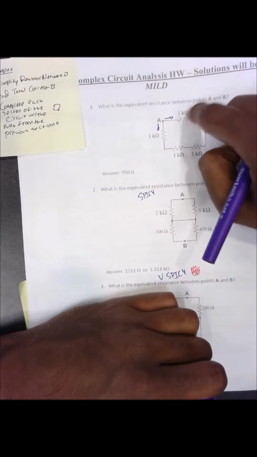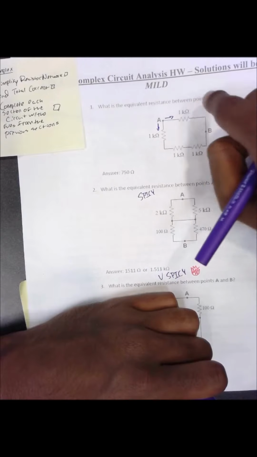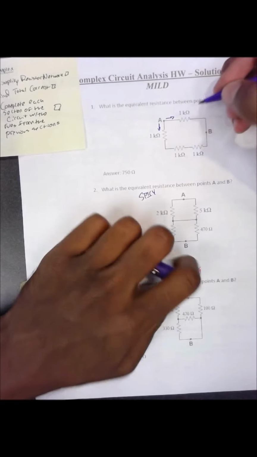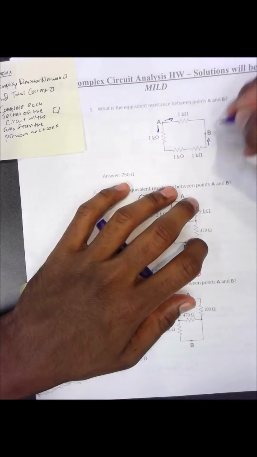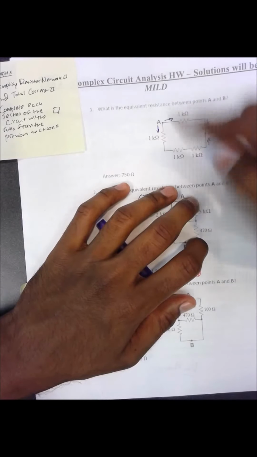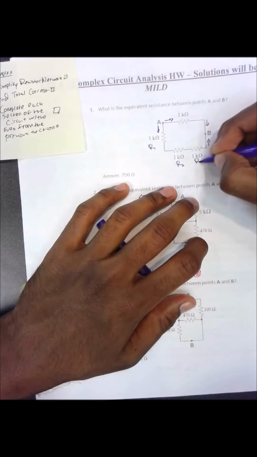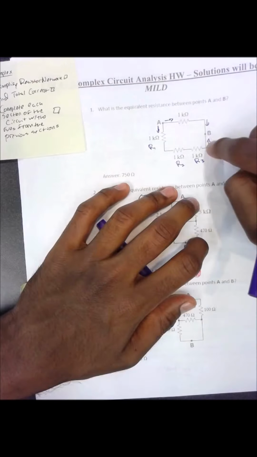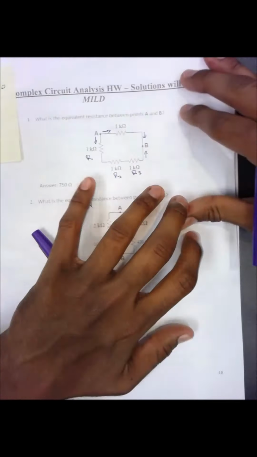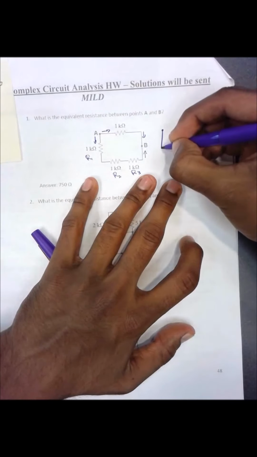Now, in branch 1, there's only one resistor. So this branch has a resistance of 1 kilo ohm. This branch, however, on the other hand, has a resistance of 3 kilo ohms because you have R1, R2, and R3. They're all in series. We have to add these resistors to get the total resistance of this branch. So let's redraw this circuit so that it's only one resistor.